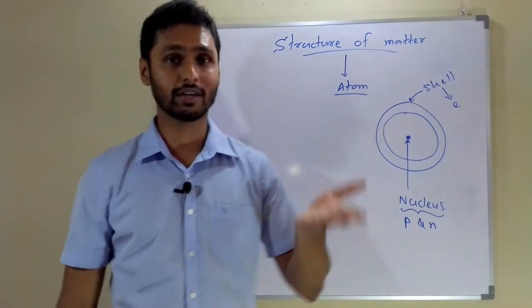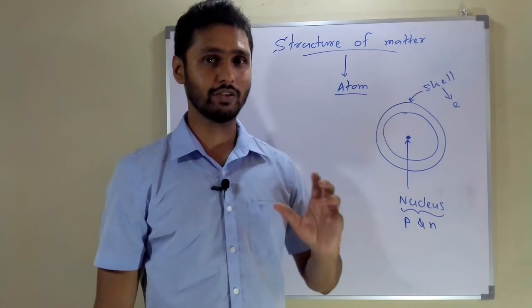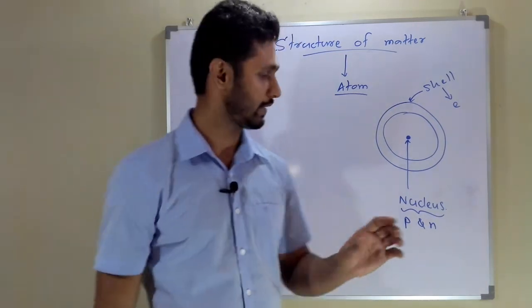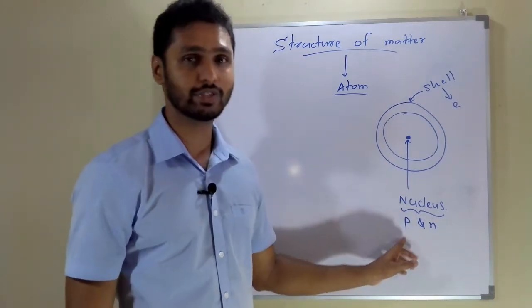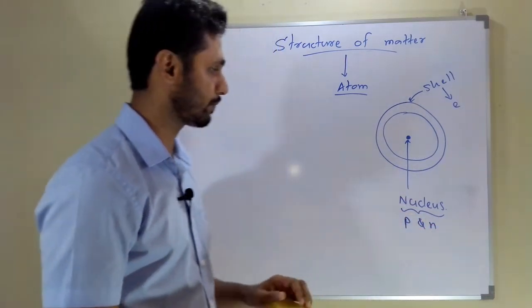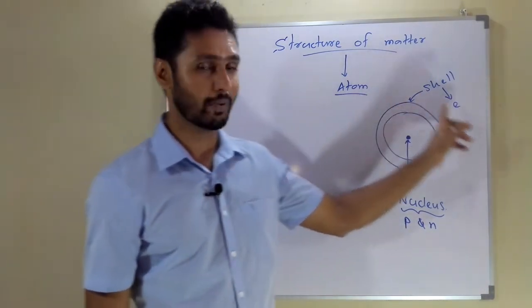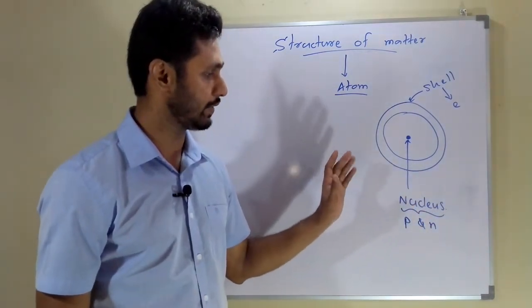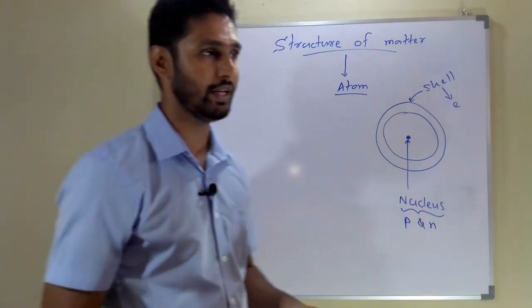The shells are around the nucleus, and inside the nucleus, that means the center of an atom is the nucleus. This nucleus contains protons and neutrons. So you can understand that there are subatomic particles and their locations of the atom. Let's see next part.